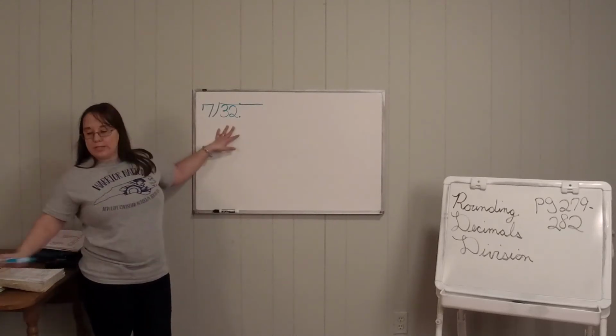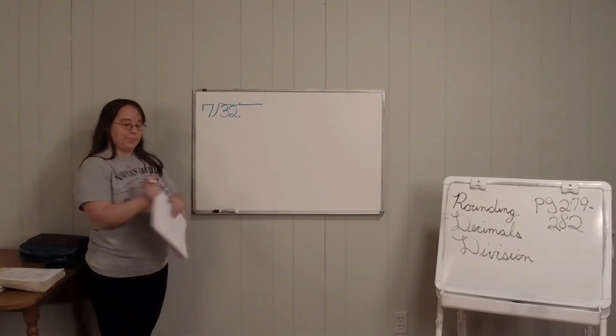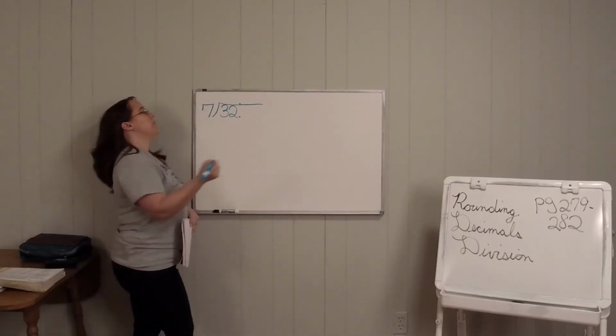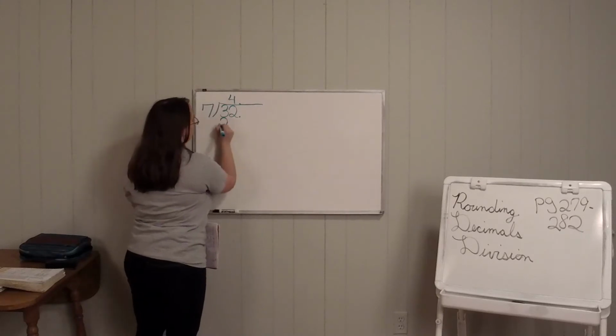So how many times would 7 go into 32? Think about it. It would go 4 times. 4 times 7 is 28.